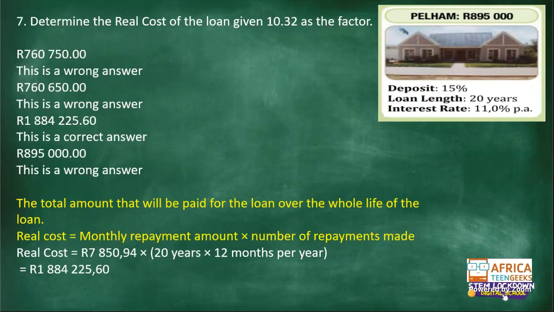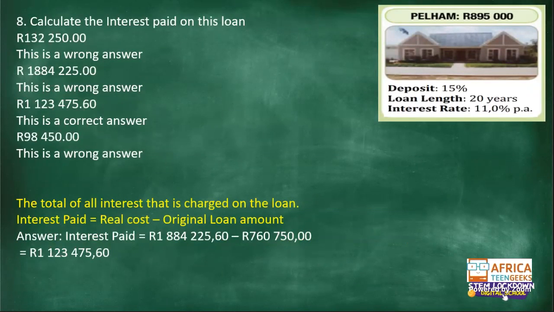Now we are going to check the interest which is paid on this loan, and we want to calculate that interest. In order for you to check what the interest is, you simply take the total, which we have now calculated, and then you subtract the original loan amount.